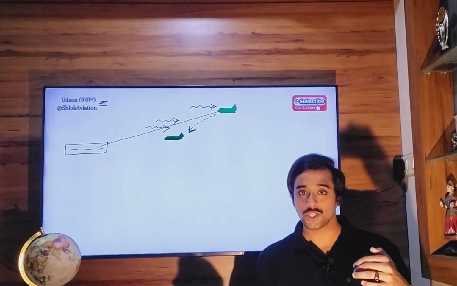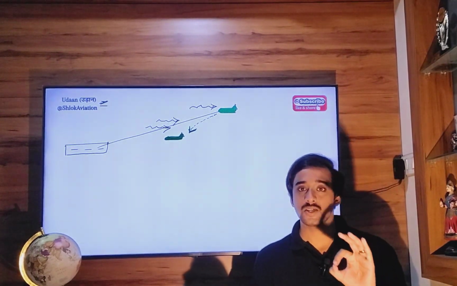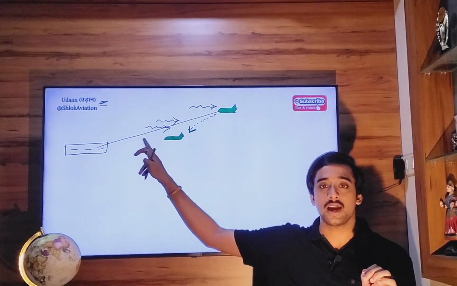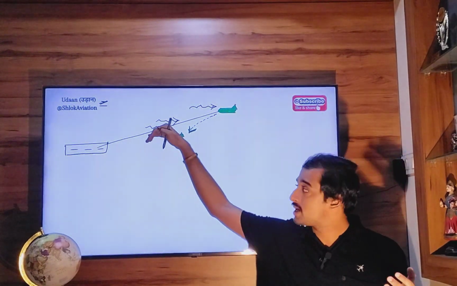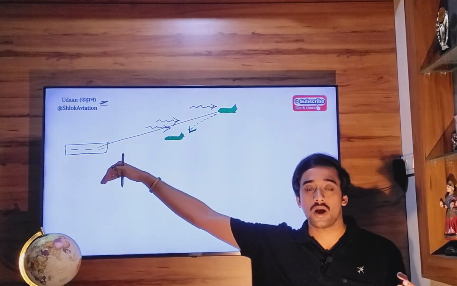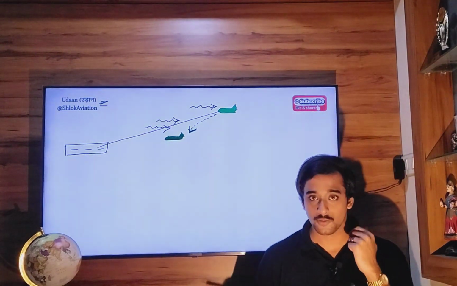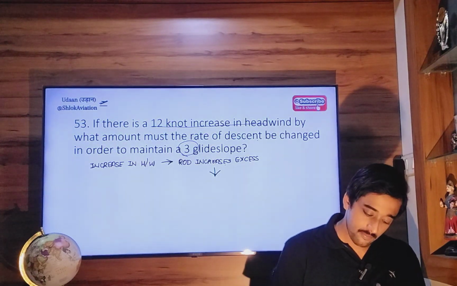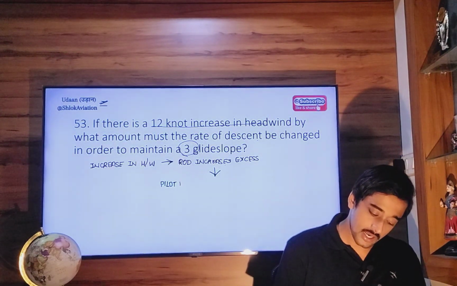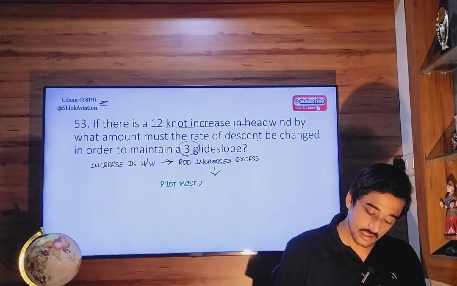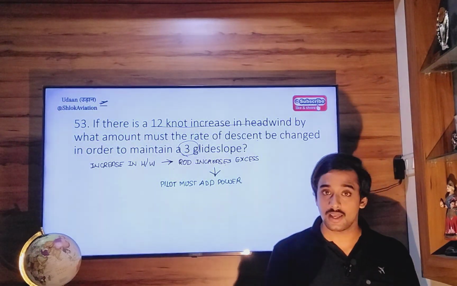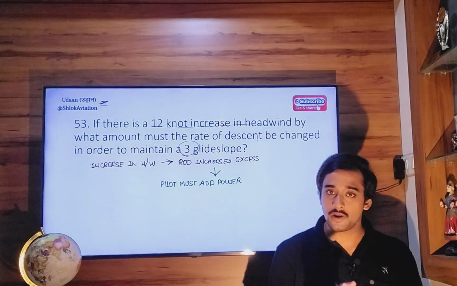So what is the solution to stop this excessive rate of descent, to come back to your glide slope or to catch your glide slope and then maintain the steady rate of descent required to maintain that 3-degree glide slope? The solution is the pilot must add power. This addition of power will increase your speed, increase your lift, and slow down your rate of descent.